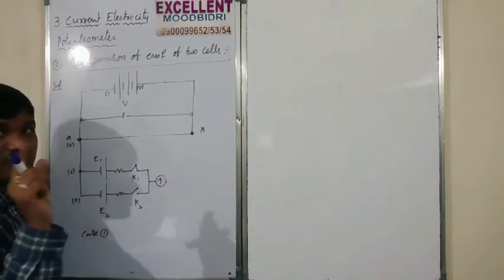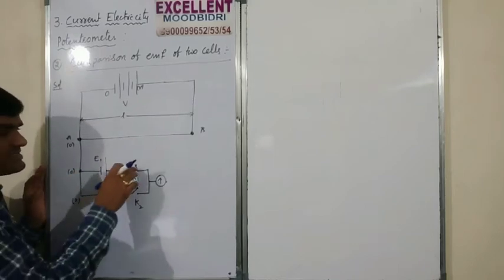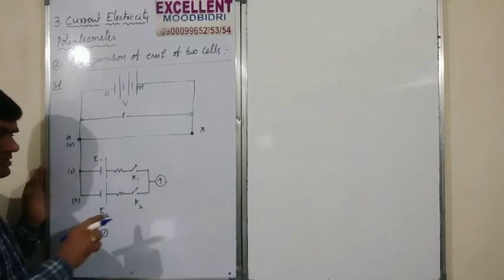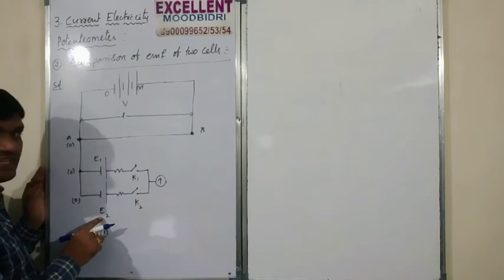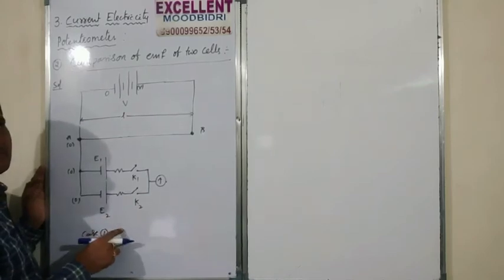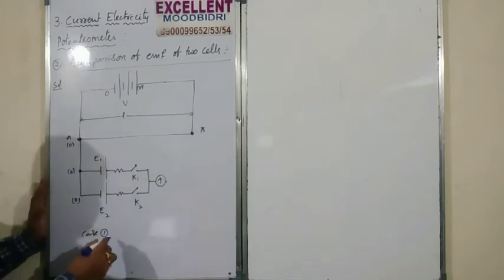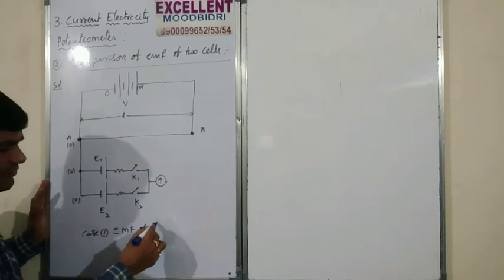At that time we consider EMF of the first cell. Second time K1 is open, K2 is closed. At that time we will consider EMF of the second cell. Now first one, I want case one, EMF of first cell.